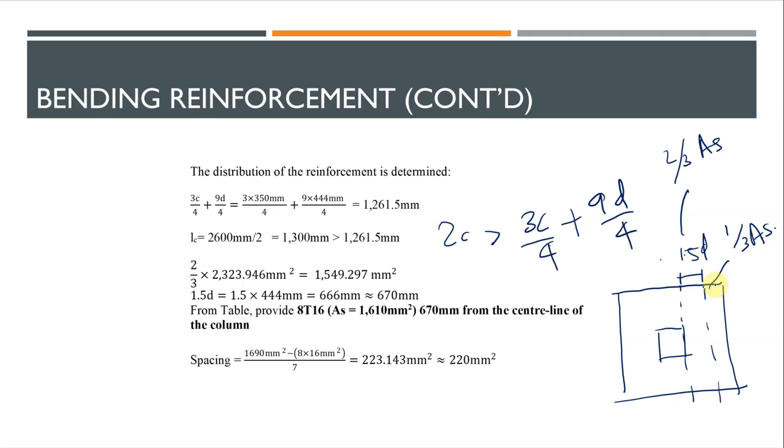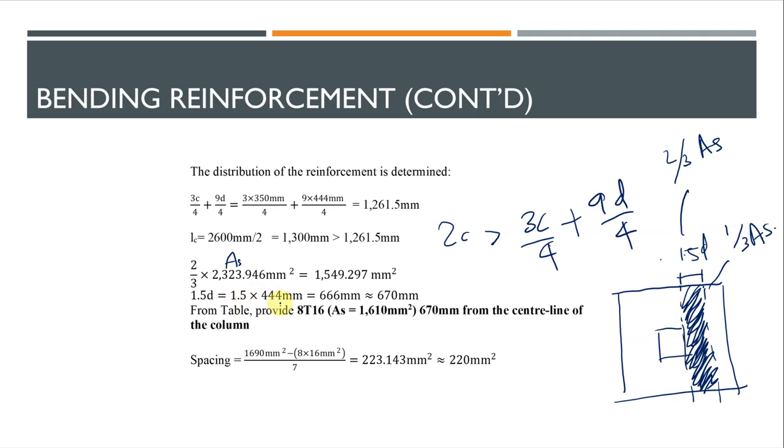So 2/3 pada AS you dapat 1549.297 mm square. Okay. And 1.5D maksudnya kita nak cari kat mana sebenarnya yang AS tu concentrated, 1.5D from the face of the column.